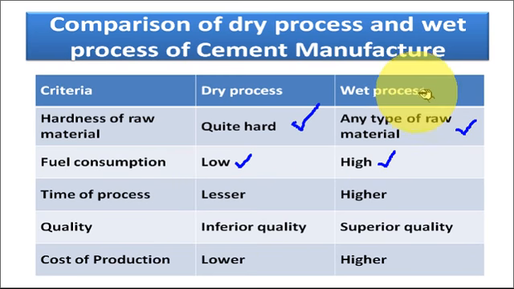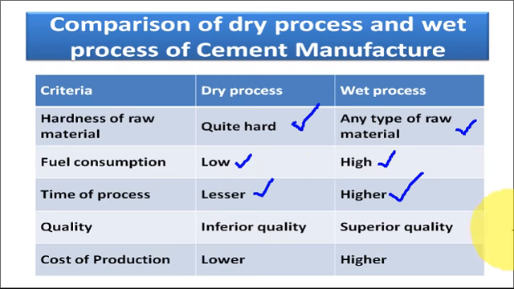Since excessive fuel and excessive time is to be utilized for the evaporation of the moisture content, that is why time of the total process is higher, while in case of dry mixing this time is lesser.